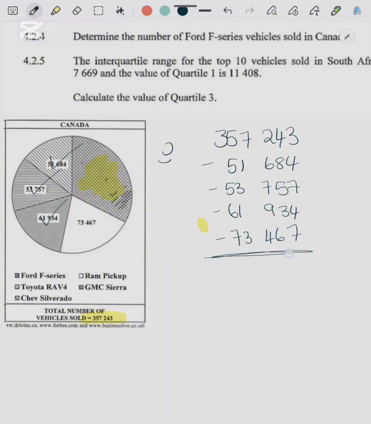I should get whatever is missing from the last segment, and I get 116,401. Now logically, does that make sense with my pie chart? We always want to check whether our answer makes sense. It's the largest value out of the 5 options, and the pie segment is actually the largest segment as well. So it does make sense, and therefore we know that is the correct answer.